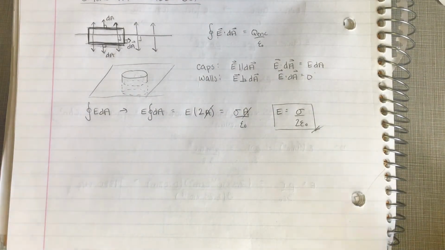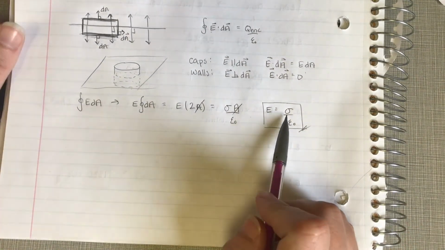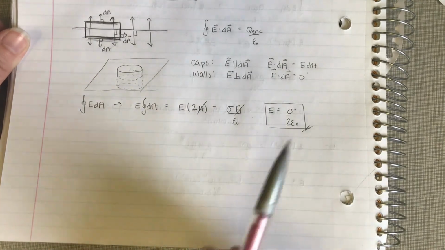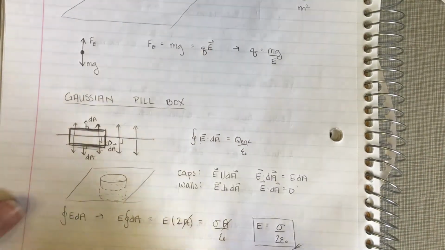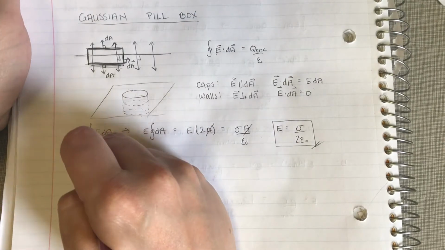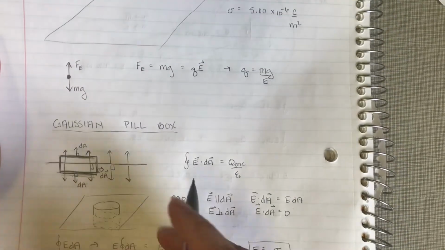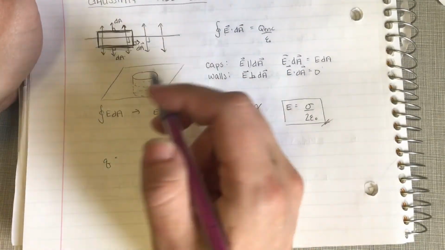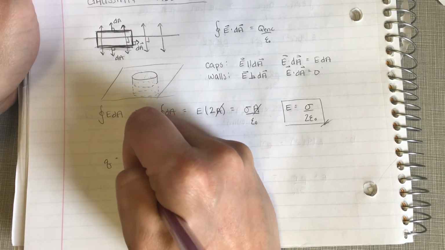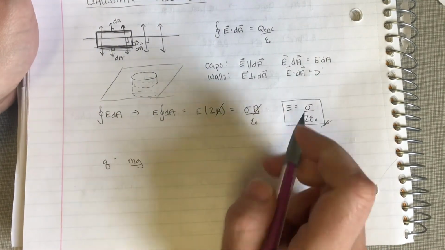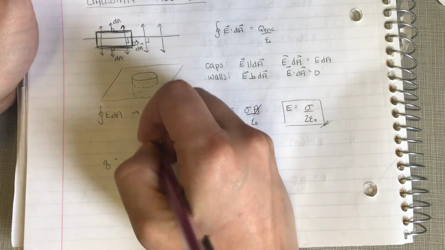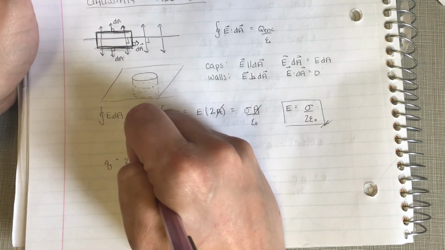Okay, back to the problem. So my electric field is sigma over 2 epsilon naught. So if I get the charge, my charge is going to be mg over E, and my E is sigma over 2 epsilon naught.